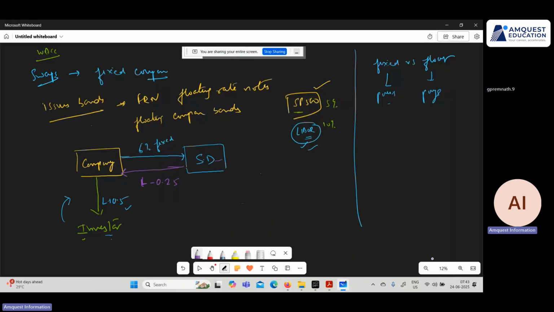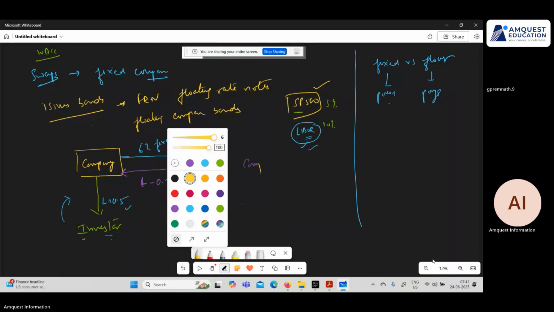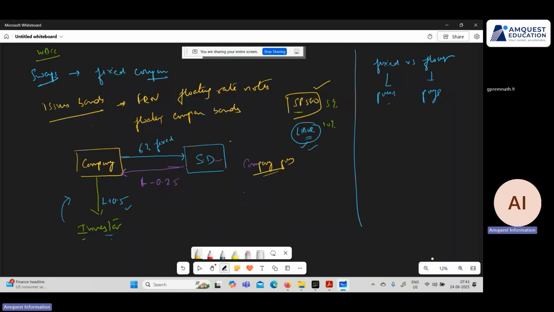So in the whole transaction, and we'll do a lot of questions on these things, let's just try to understand how much the company pays effectively. The company is going to pay 6 to the swap dealer, so I'm putting it as minus 6. It is going to pay minus L minus 0.5 to the investor.